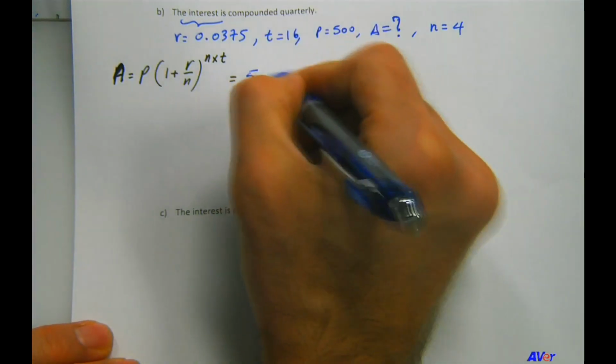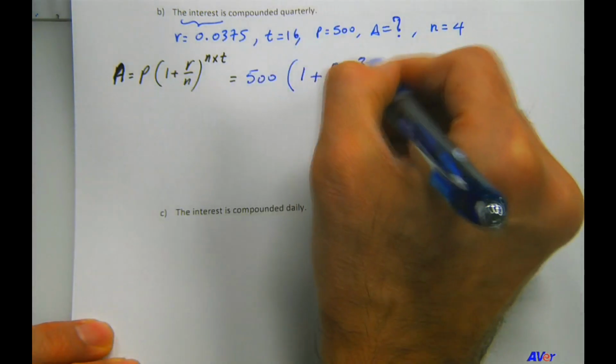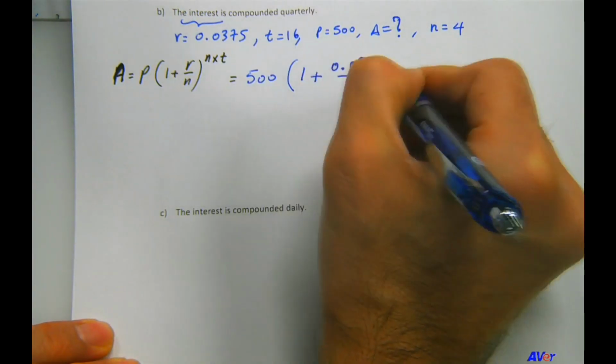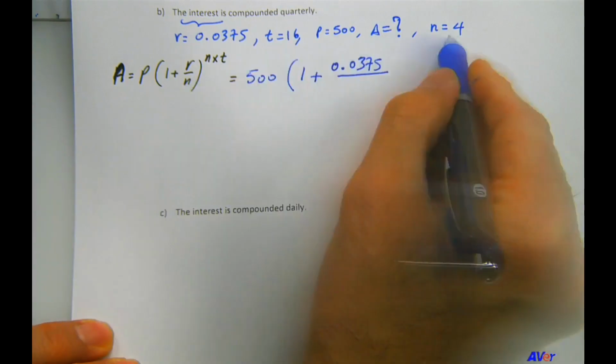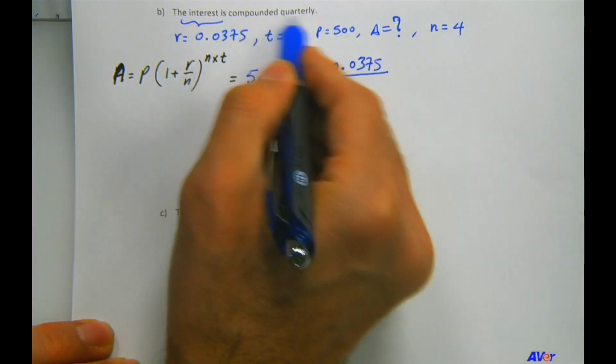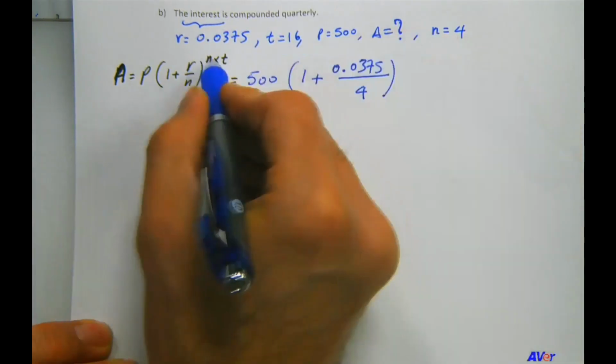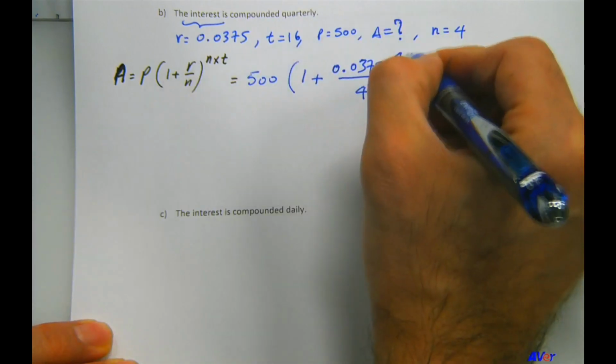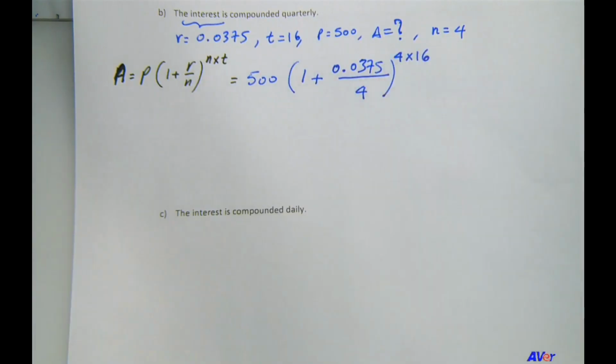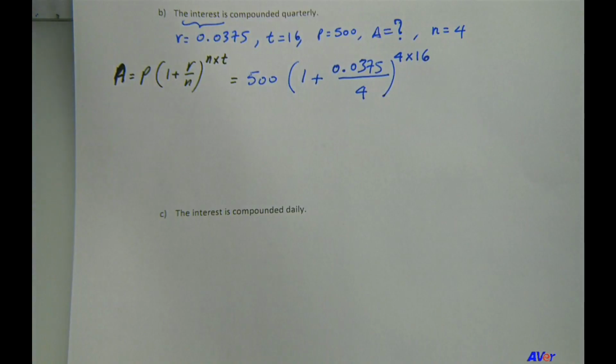P stayed the same, $500 times 1 plus 0.0375 divided by N. We're dealing with interest compounded quarterly, so N equals 4. And then N up here is equal to 4 times 16, which didn't change, right? The time over which we're calculating this amount didn't change.